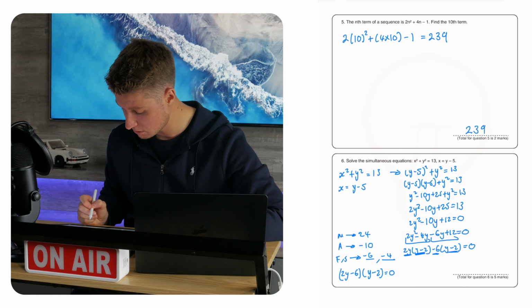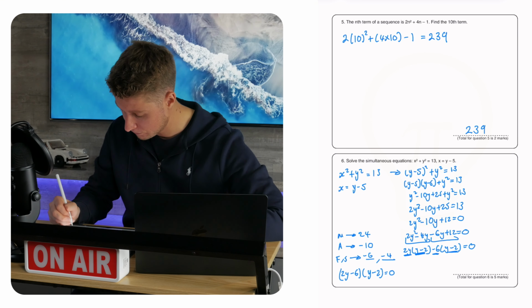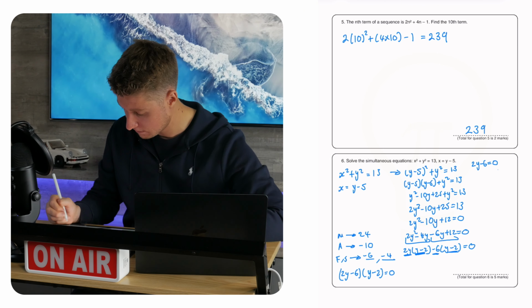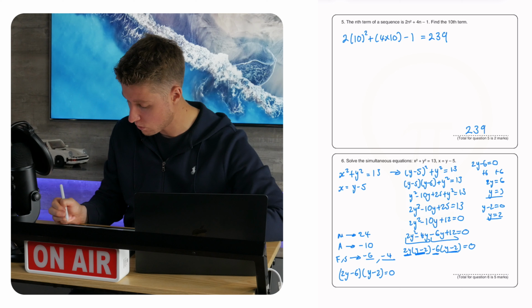So if we've got two terms multiplied together that equals 0, one of the terms must equal 0. So either 2y minus 6 is equal to 0, which means if we add 6 to both sides, we get 2y equals 6, so y is equal to 3, or y minus 2 is equal to 0, so therefore y is equal to 2. So there are our y values, but we need to get our x values.